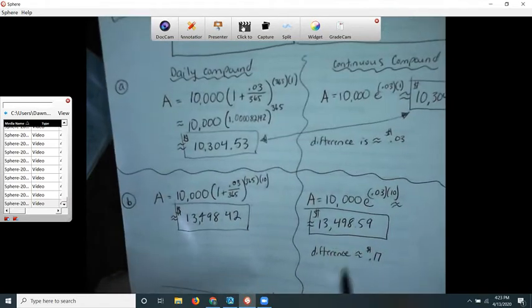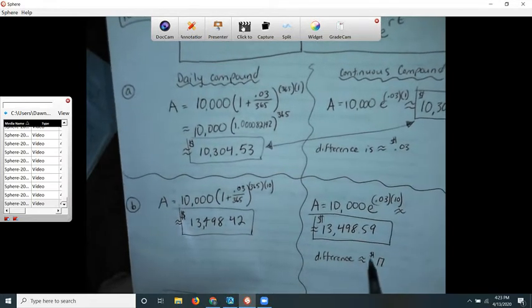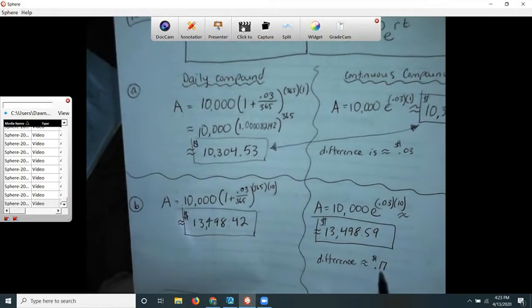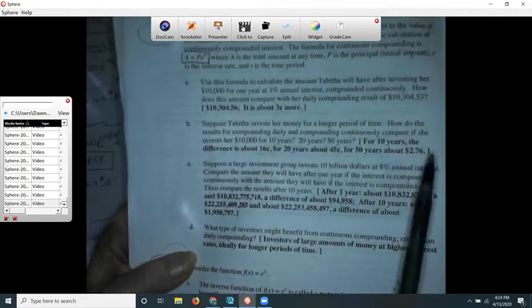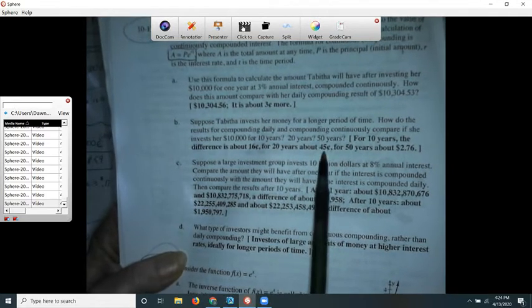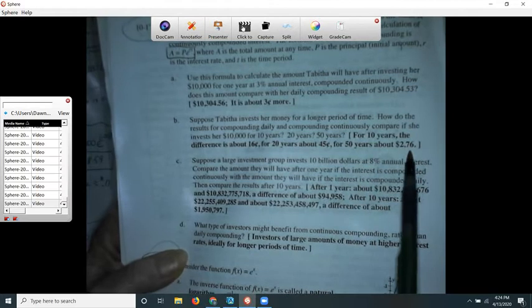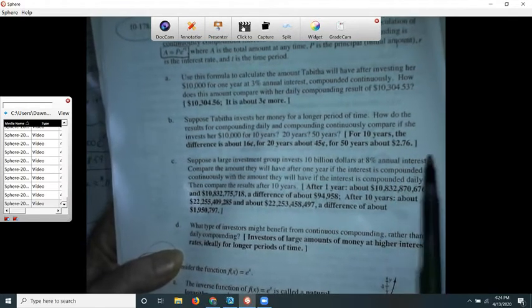And here I got more money also, and I got only 17 cents difference. But if I were to do the rest of these, I'll just read them off for you right here. For 20 years, you only get 45 cents more. If you do continuous 50 years, you only get $2.76 more.